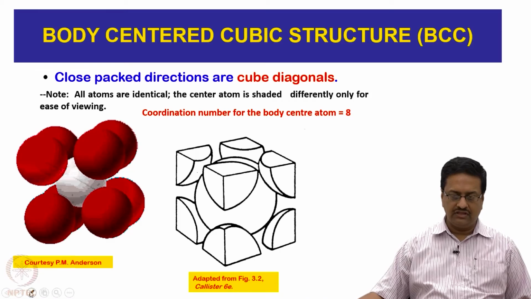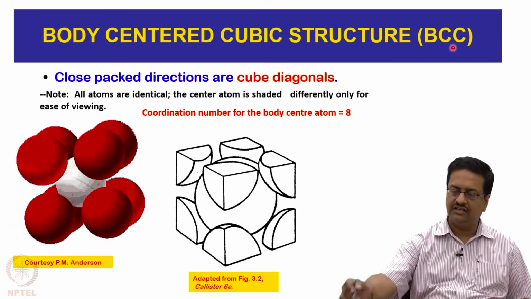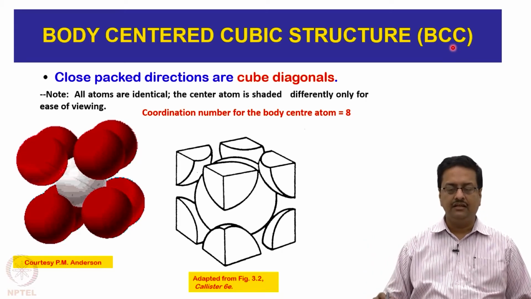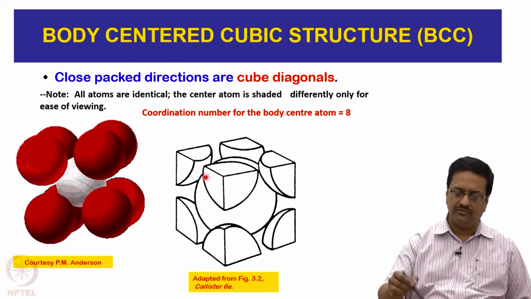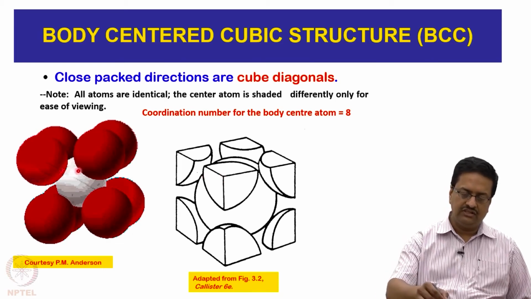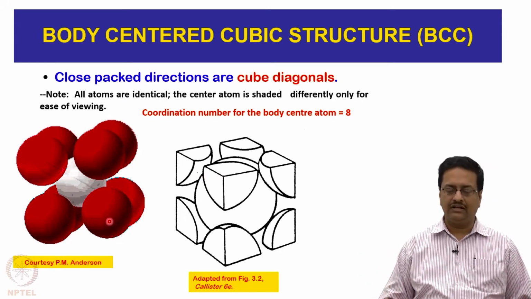So when we go to the body-centered cubic lattice or body-centered cubic structure, as we write it as BCC, in this case the close packed direction is the body diagonal. So from one corner through the center atom to the other corner, the atoms are touching one another, considering them as hard spheres.